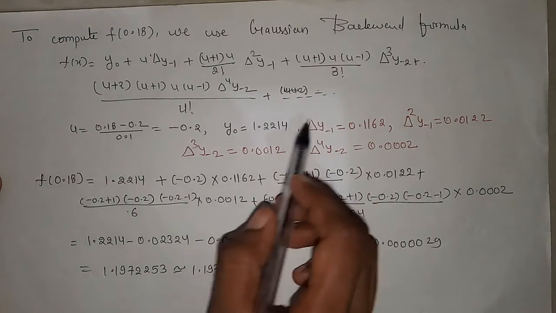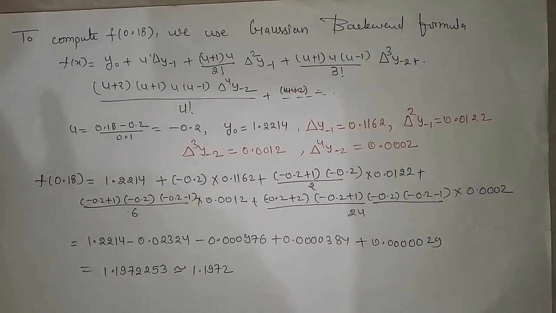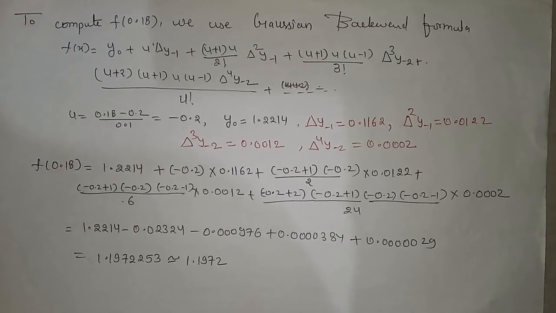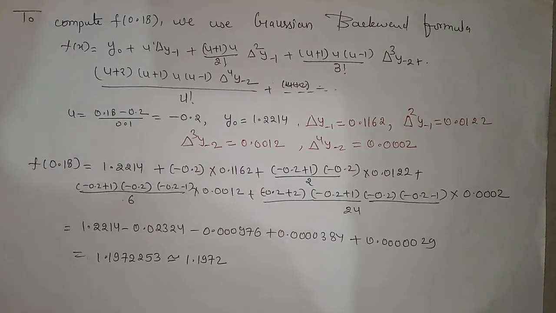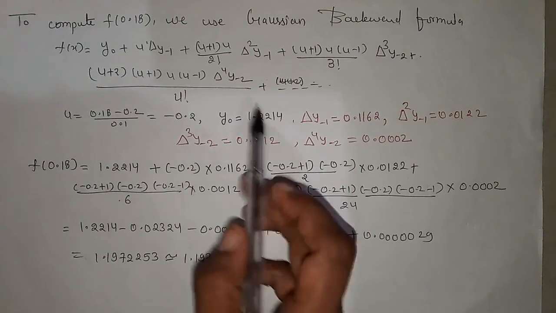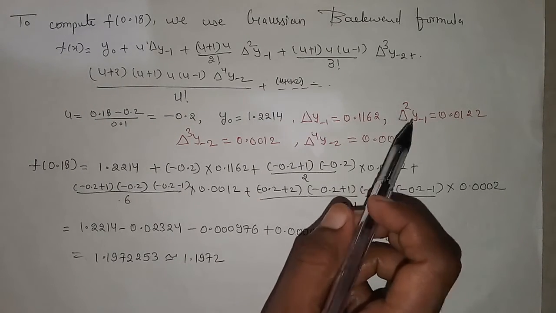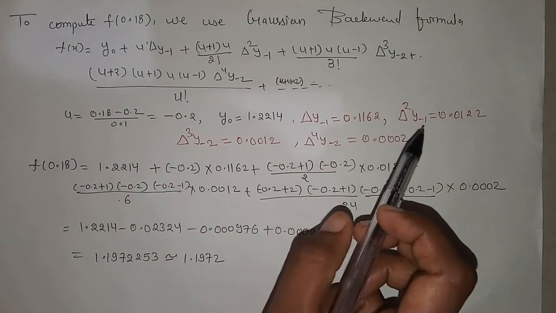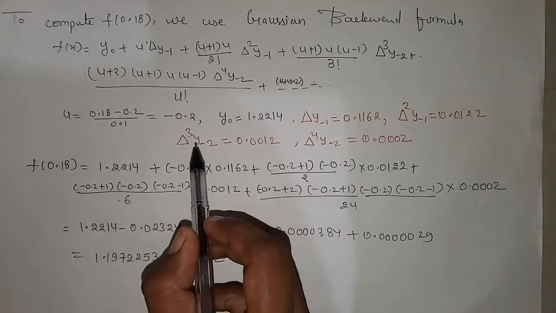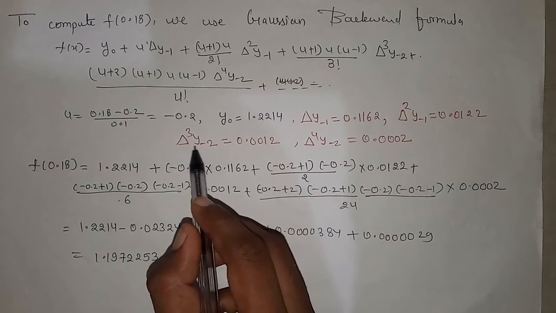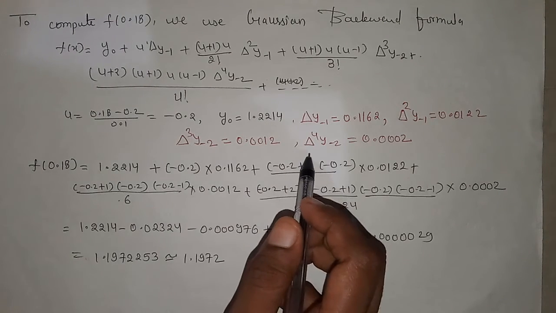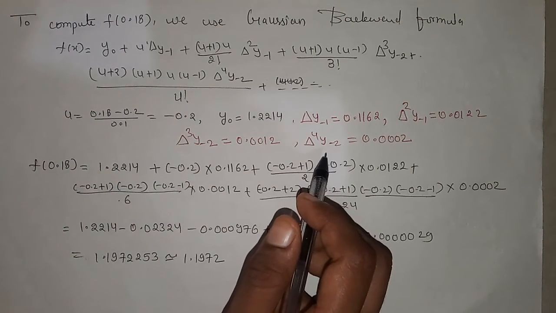Actually, we only have to take care that the values indicated by the arrows come in this manner: the first value is delta y−1, the second difference value is delta² y−1, the third difference value we get is delta³ y−2, and the fourth is delta⁴ y−2.